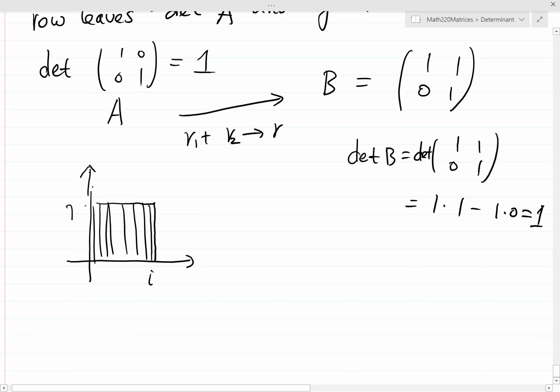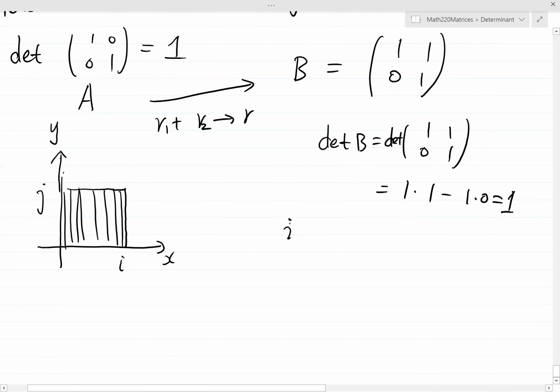I, J, X, Y. Okay, now B. What does B do? If you plug in I, then you get I. If you plug in J, what does this matrix B do?